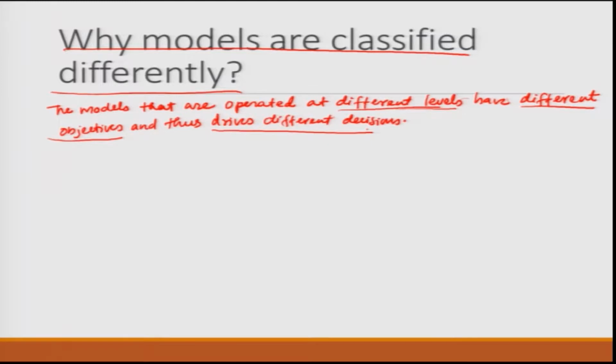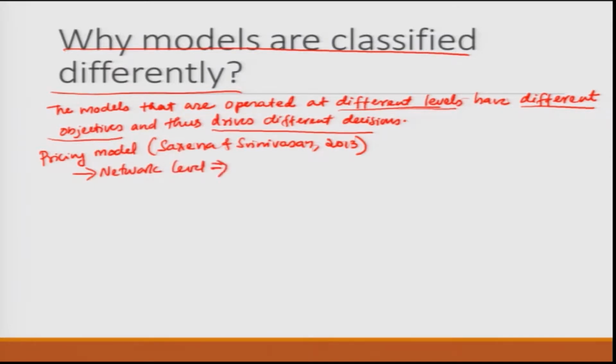So, let us take an example. Let us take the example of what we call the pricing model. This example is provided by Saxena and Srinivasan. In the pricing, if we look at it at the network level, the objective will be how will it affect the market share, or how will the competitor respond.